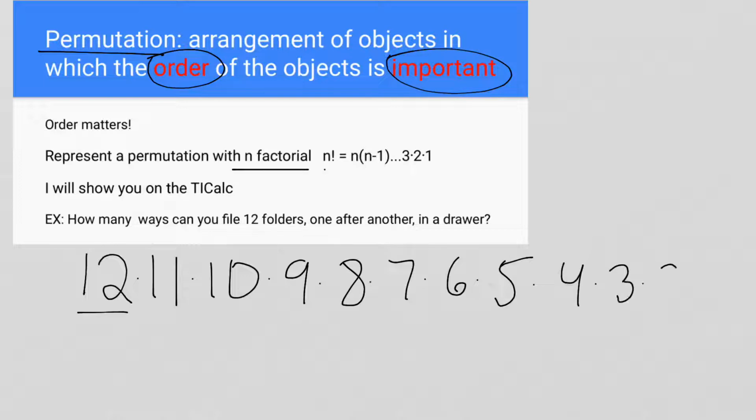That's 2 times 1. So this thing here, 12 times 11 times 10, all the way down to 1, is 12 factorial. This is exactly what you're doing to get the answer for 12 factorial. So I could go ahead and multiply all these numbers out on the calculator. There is a button on the calculator, which I'm going to show you right now where that is on the TI. So go ahead and get your calculators.